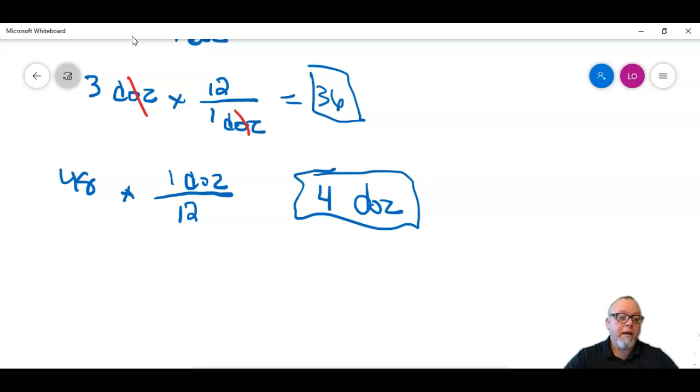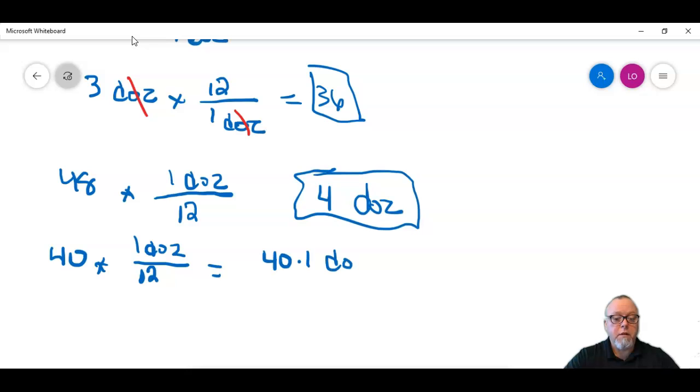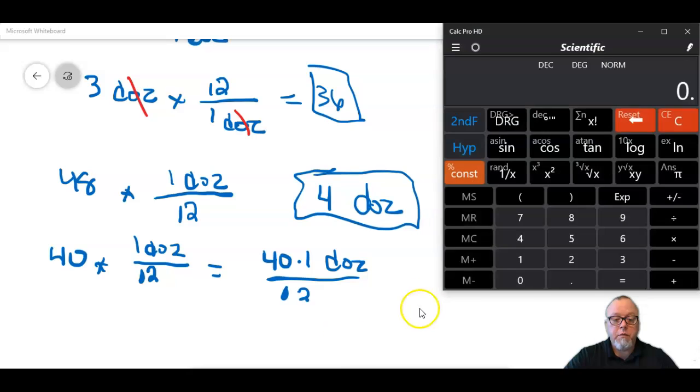If I said I had, let's say, 40 of something, I would still multiply it by 1 dozen over 12, because that's equal to 1. So 40 times 1 times dozen over 12, 40 divided by 12 is equal to 3.33 repeating.